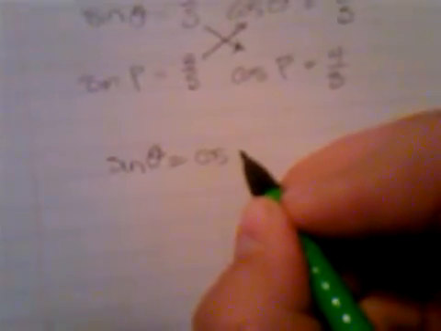So all the identities are saying is that the sine of theta is equal to the cosine of pi, basically. But they're also saying that pi is equal to 90 degrees minus theta.